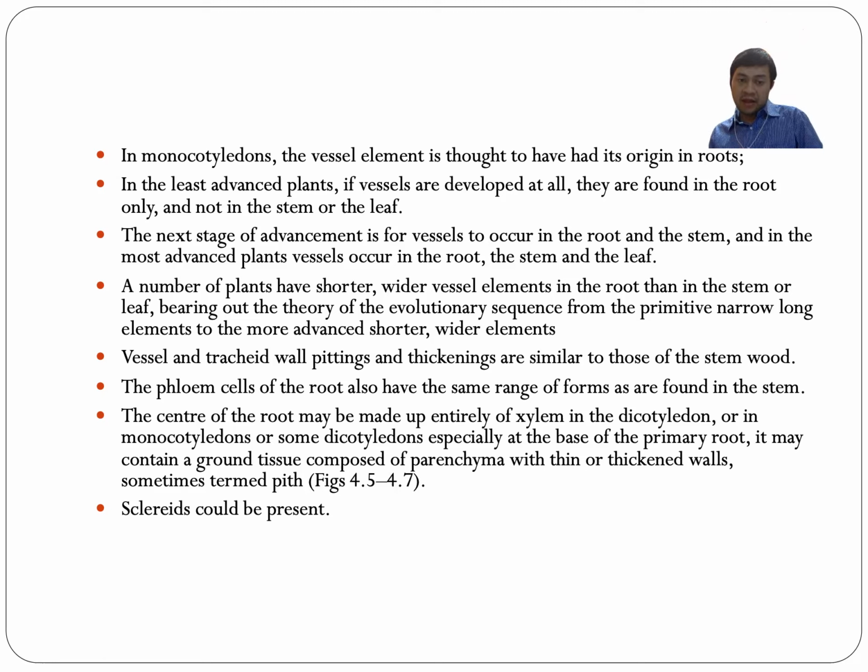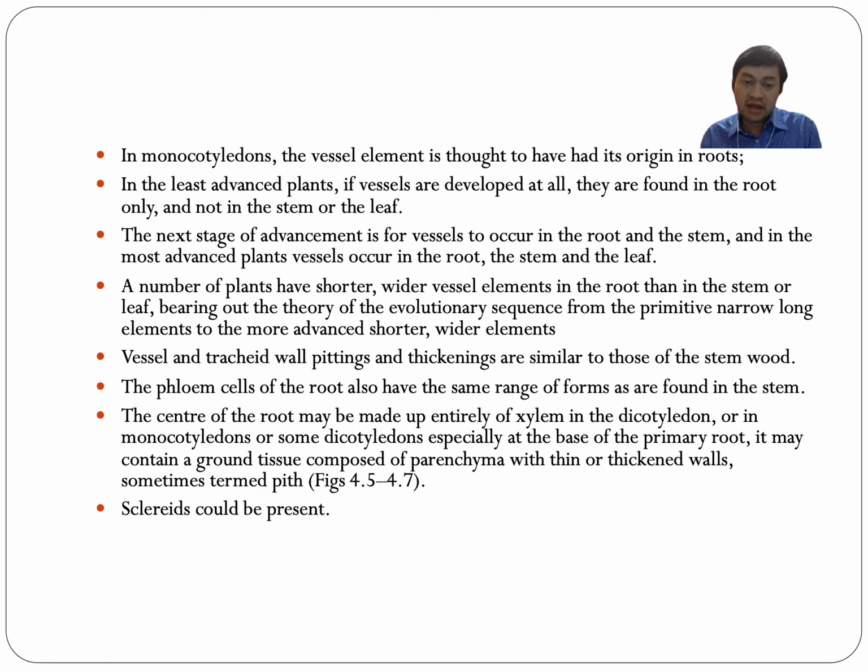Vessel and tracheid wall pittings and thickenings are similar to those of the stem wood. The phloem cells of the root also have the same range of forms found in the stem.